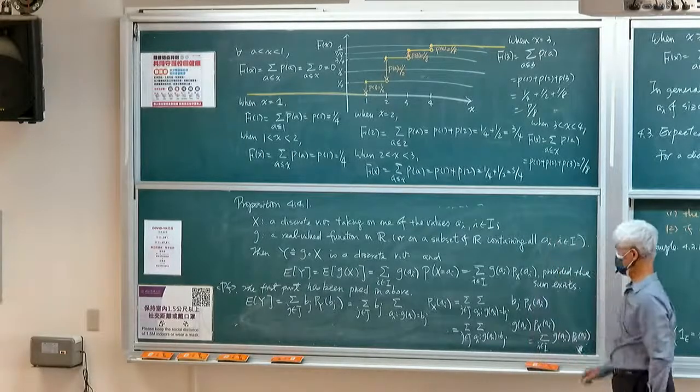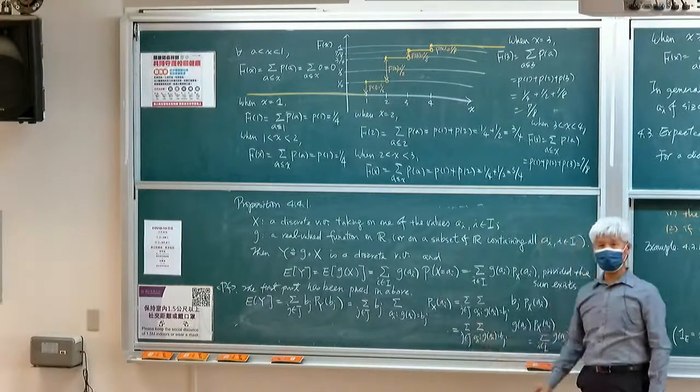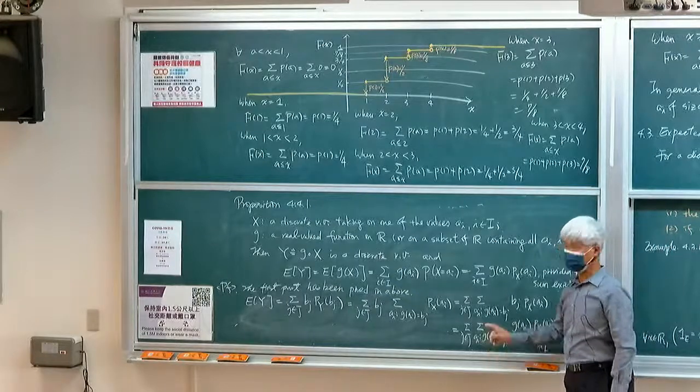And you have done, because the double sum will contain all possible AIs.